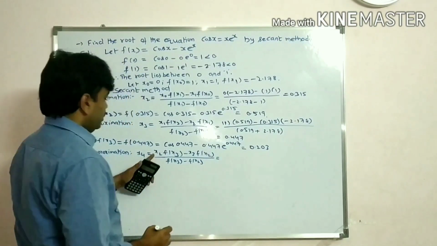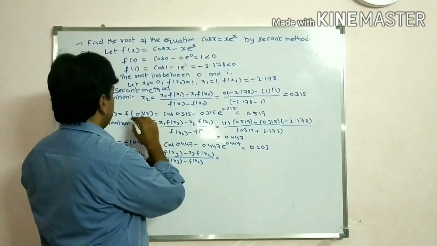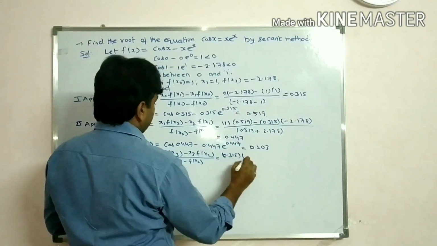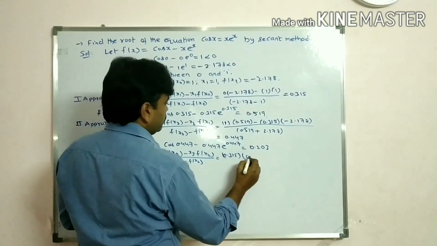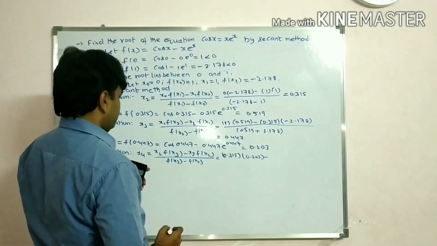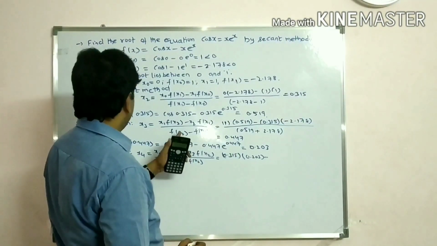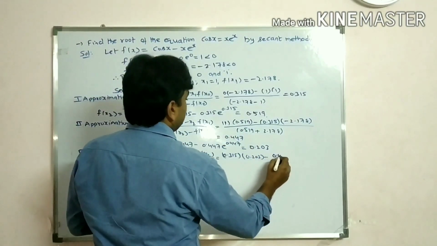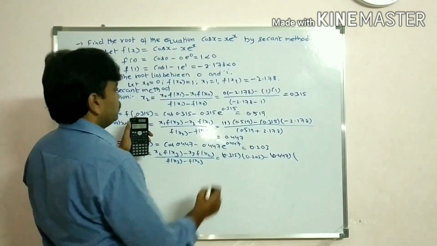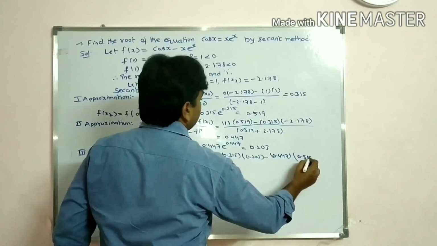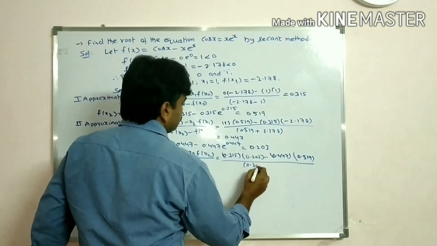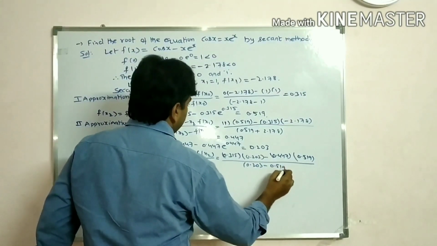So that is equal to x2, this is 0.315, into f of x3, this is 0.203, minus x3 is 0.447 into f of x2, 0.519, divided by the denominator 0.203 minus 0.519.